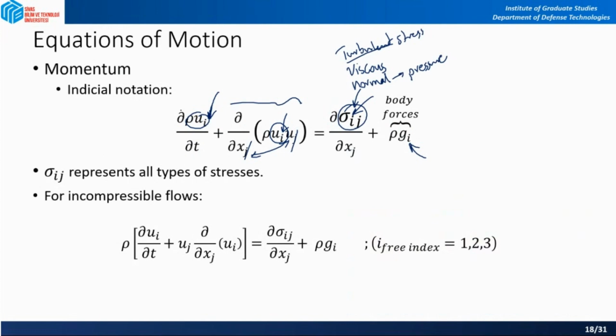Actually this d dxj of rho ui uj is some special gradient of rho ui vector. As you see, there is this rho ui vector in here, times uj. So you have to note that I'm talking about this second term right now.